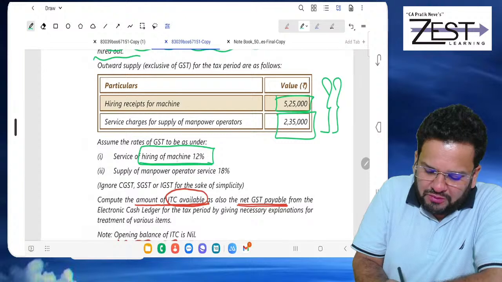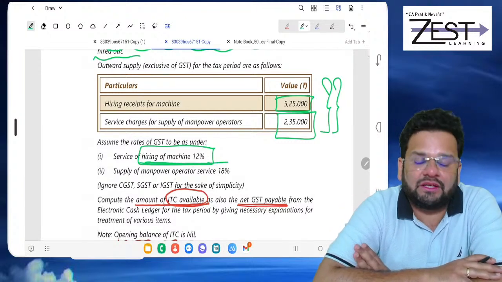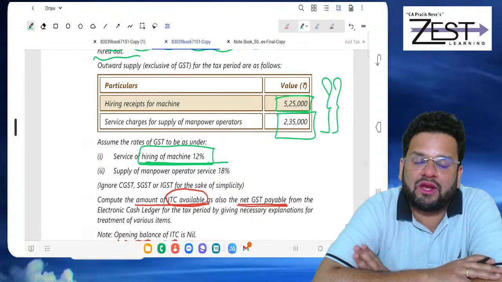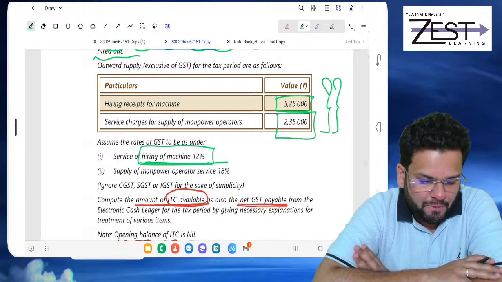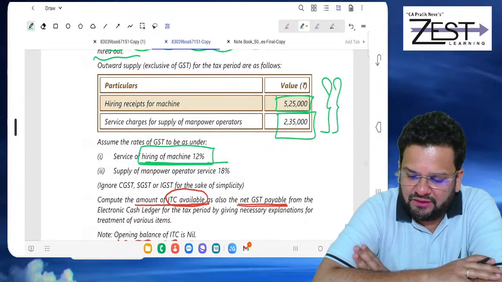So on hiring of machine, rate of GST is 12%, because the whole point is hiring of machine and supply of manpower operator service, these two cannot be separated.